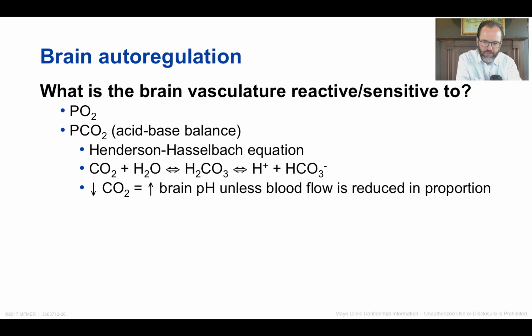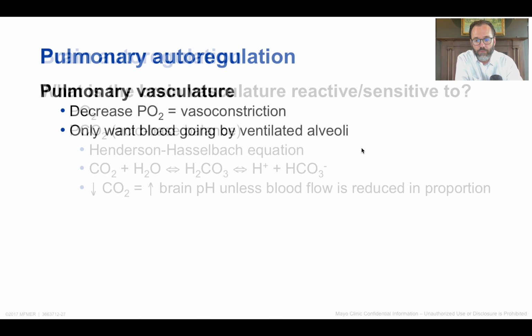For the brain, it's pivotal to appropriately maintain blood flow matching to metabolic demand so that you don't have profound changes in brain pH. As you decrease CO2, you increase brain pH, making it more basic, unless blood flow is reduced in proportion. That's why when individuals hyperventilate, they often feel lightheaded: they're blowing off CO2, and subsequently the brain vasoconstricts. It's a profoundly powerful mechanism to reduce brain blood flow, and it does so even in the face of reductions in local PO2.